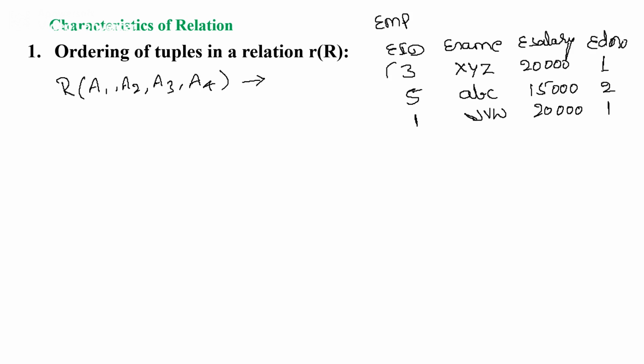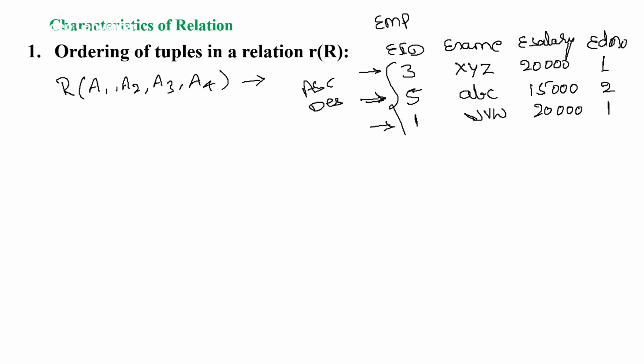When we look at these values, the tuples inserted into this table are not in either ascending or descending order. There is no hard and fast rule for entering the tuples in a relation.